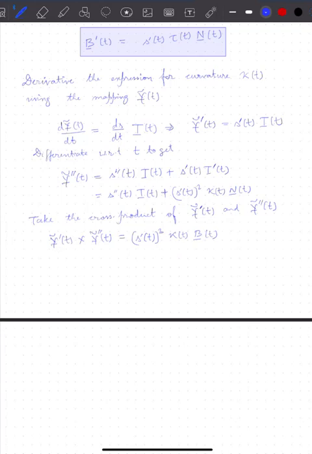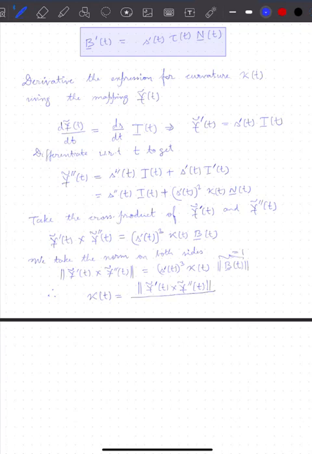So taking the norm on both sides, and since the norm of b is 1, therefore kappa of t is equal to the norm of the cross product divided by s prime of t cubed.